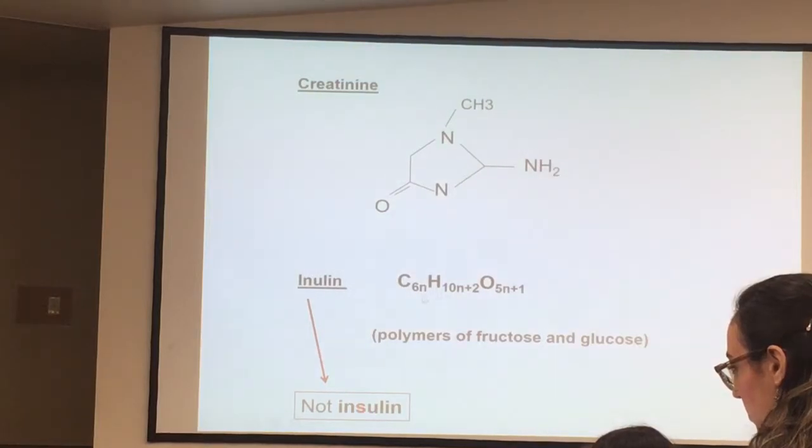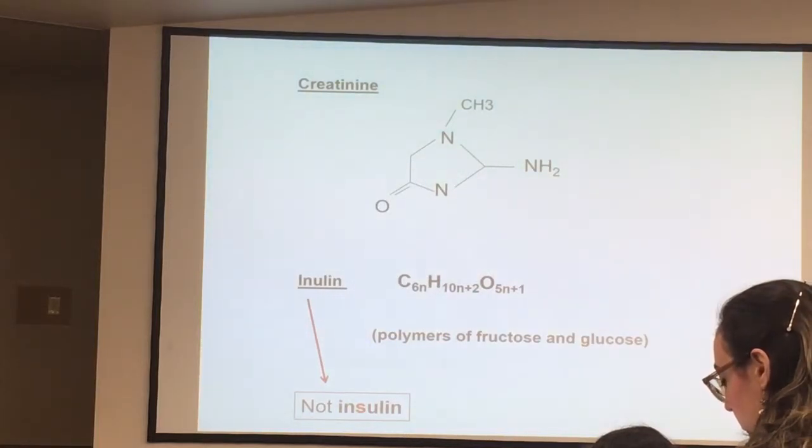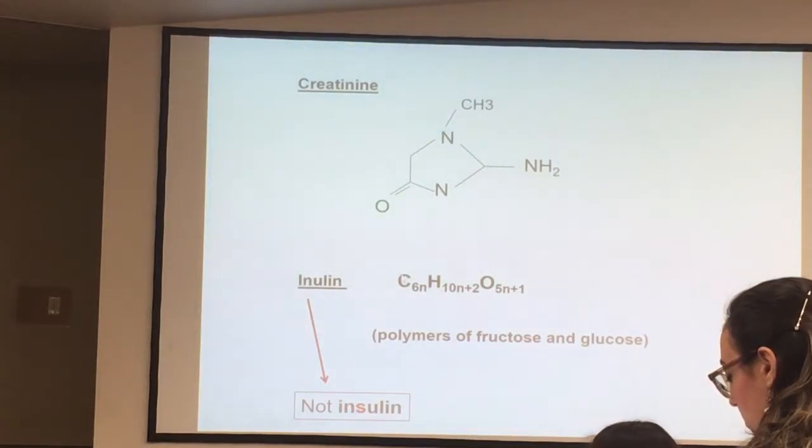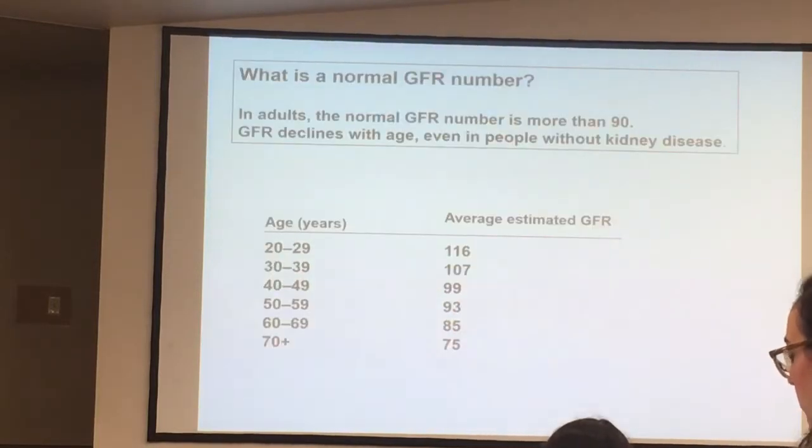And here we put n, I mean, it is a polymer. The number is not fixed. Sometimes 1, sometimes 2, sometimes 3. So that means it is non-stable. And the second thing is it's expensive, so it is not easy to find this material.